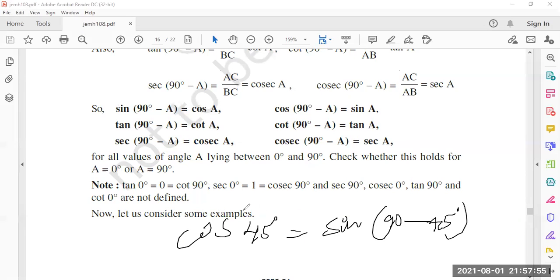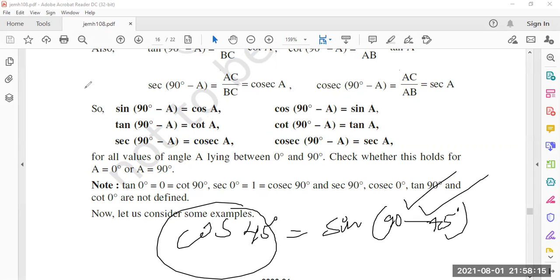For sine, cos is complementary; for cos, sine is complementary. So they can be replaced in this format, with the angle subtracted from 90. Anything which is getting subtracted from 90, that particular ratio can be replaced by its complementary ratio.